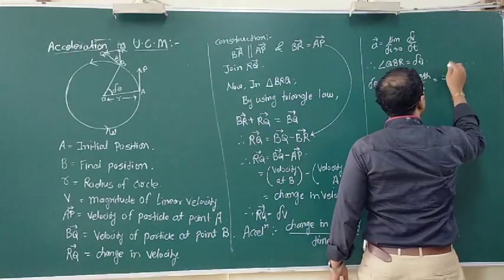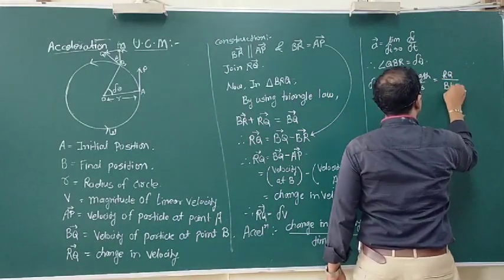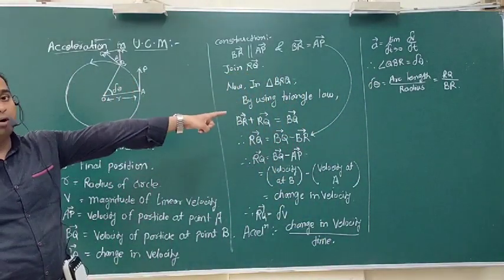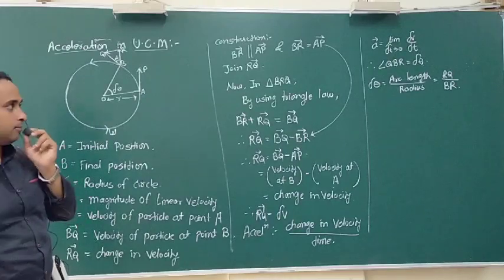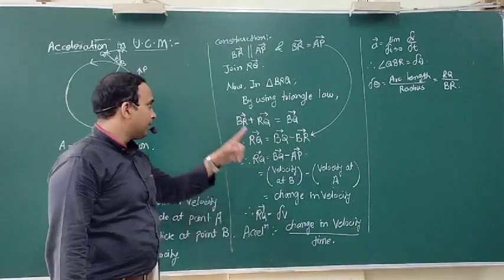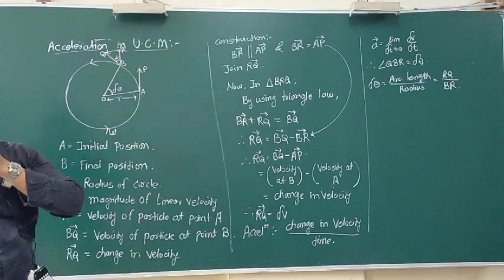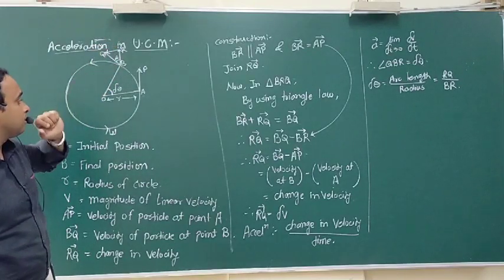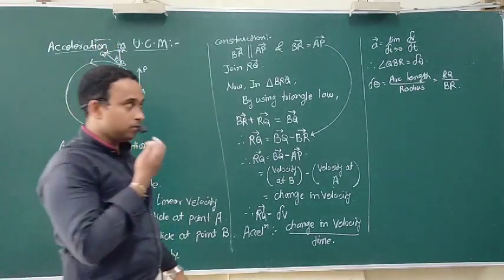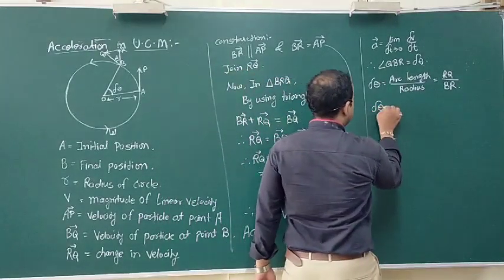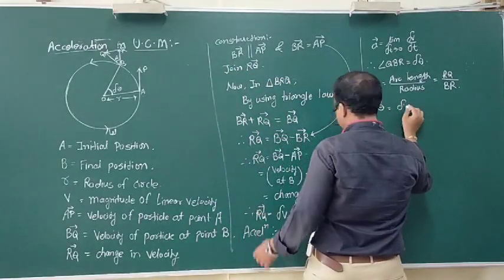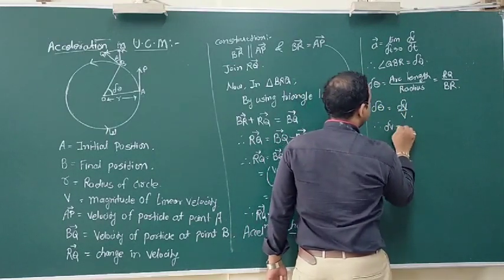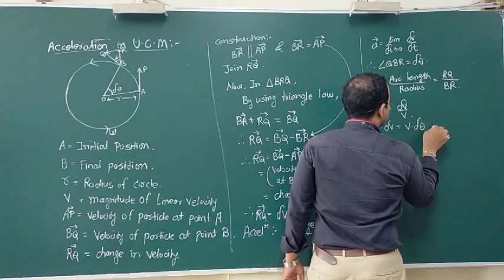By using the formula of angular displacement, RQ means delta V, and BR is the velocity. So we can substitute, and we get delta theta is equal to delta V upon V. Therefore delta V is equal to V delta theta.